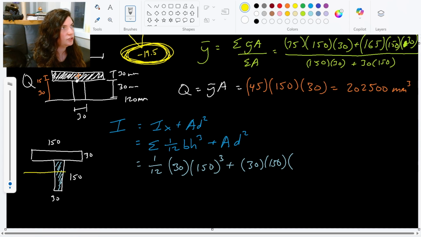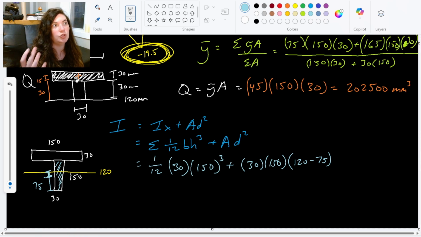So again, that centroid is coming through at 120. And the centroid of this lower rectangle is going to hit at 75. Right, half of 150 is 75, so this is going to be 120 minus 75. That's the distance, this distance here from the centroid of the overall shape to the centroid of just the rectangle, squared. So that's the moment of inertia for the lower rectangle.